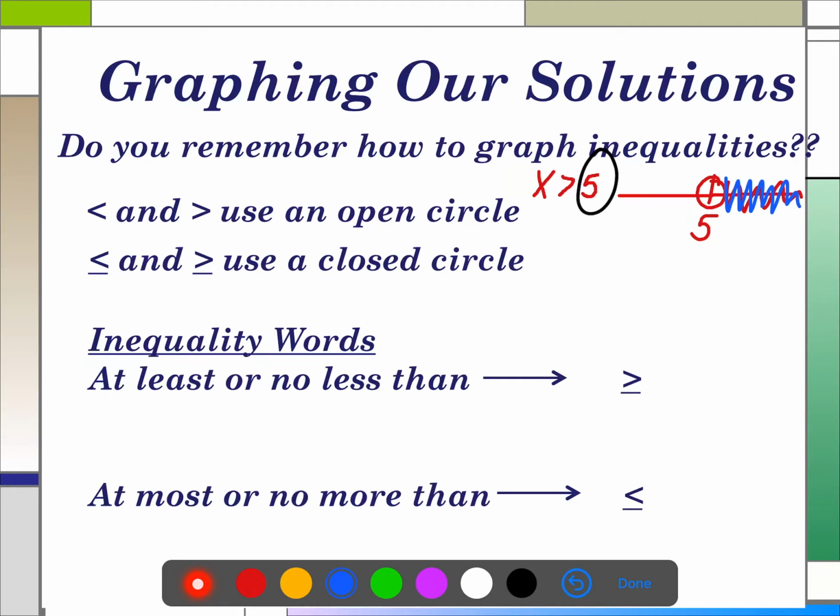Some key words that we're going to need in the future for translating word problems: at least or no less than. These are two separate statements, and they both mean greater than or equal to. These are kind of turnaround words.